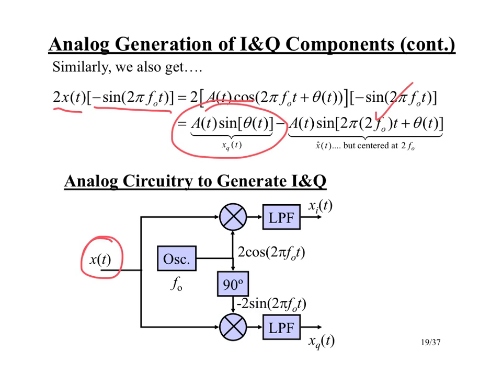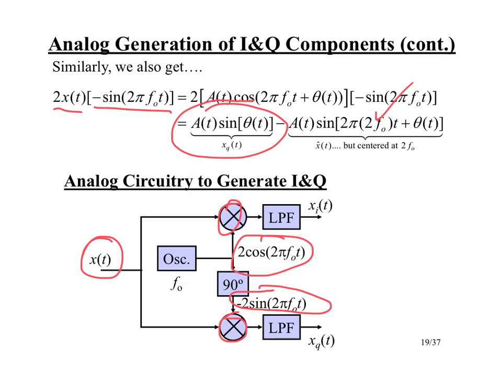Then we take that signal, and these two boxes here are multipliers, and we're going to multiply the signal times 2 cosine 2 pi f0 t and minus 2 sine 2 pi f0 t.